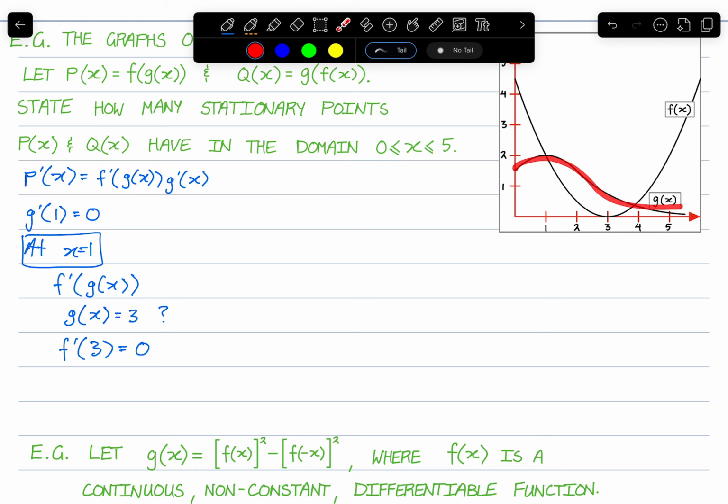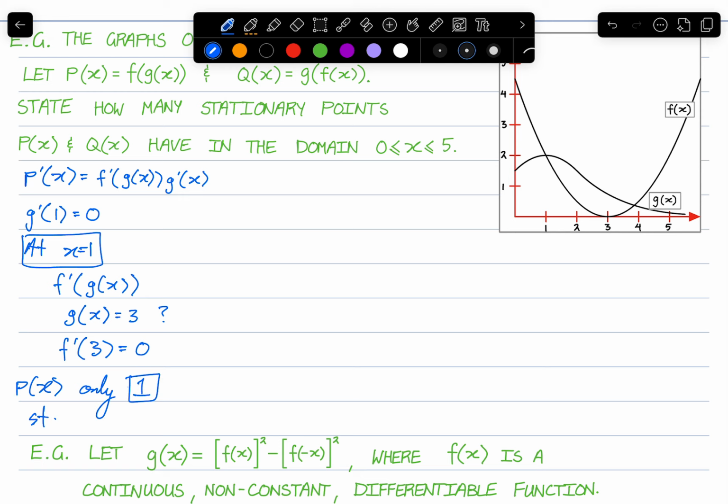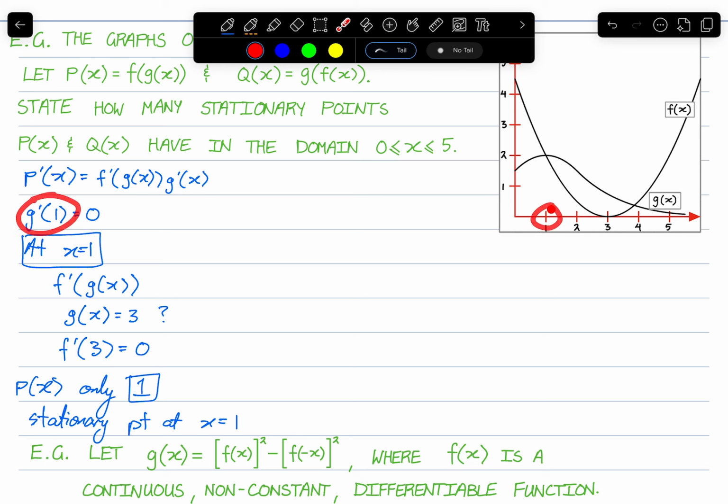In this case, there are none. So for p of x, only one stationary point, at x equals 1. And we can see that here, g prime of 1, stationary point at that point there.